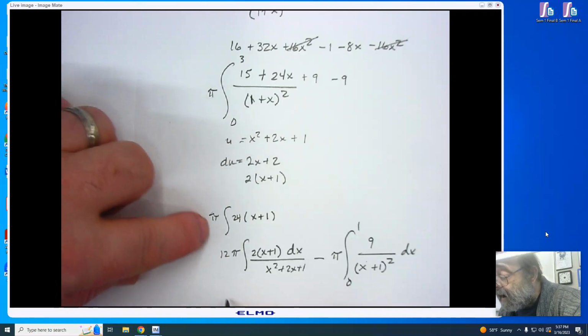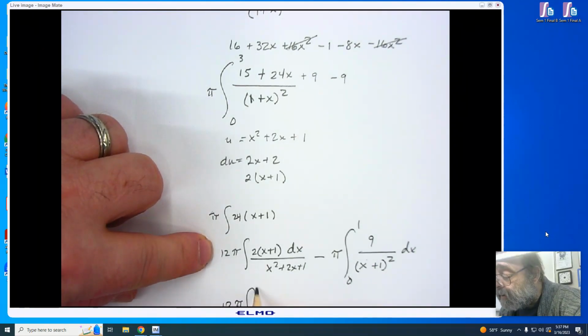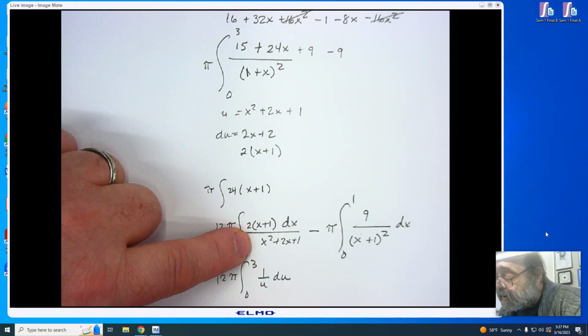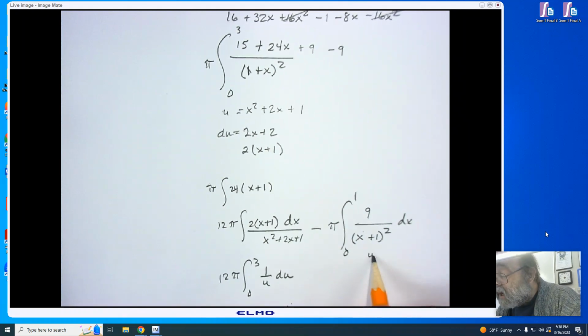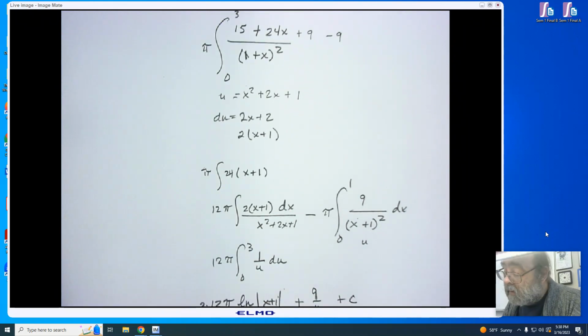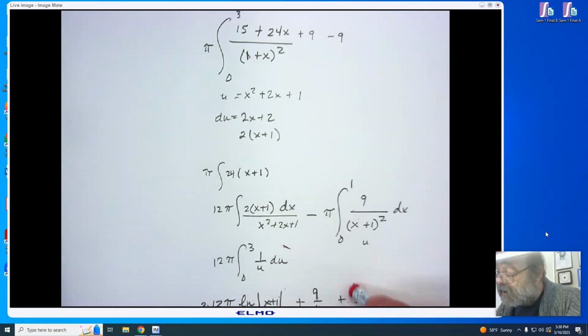And that would allow me to have 12 pi integrated 0 to 3 of 1 over u du, which is giving me 12 pi natural log of this x plus 1, the quantity squared, which would be outside, so we could make that a 2 here, minus u sub, so this is going to be negative 1 over u times 9 plus my c, and we don't need that because this is from 0 to 3.